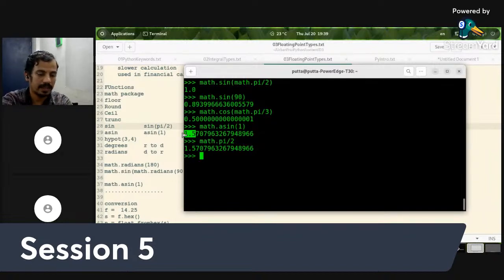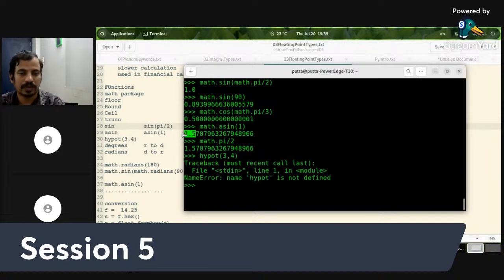And then if you want to compute the square root of a square plus b square, you can make use of the hypot function. Find out the hypotenuse of a triangle whose side lengths are 3 and 4. So 3 comma 4, you get it as 5. Sorry, what was the error that I did here?